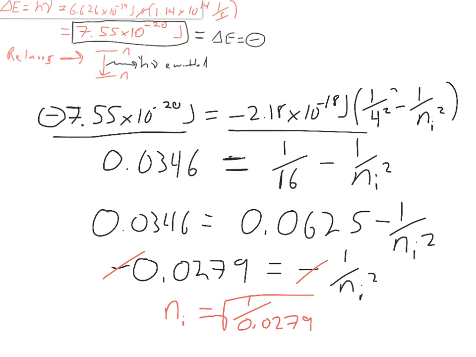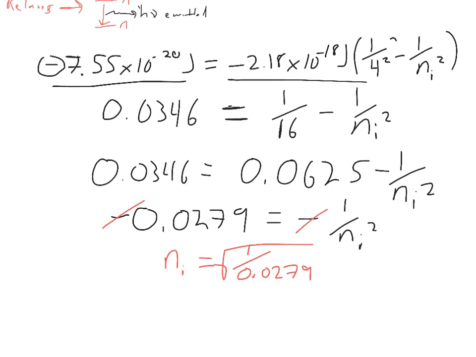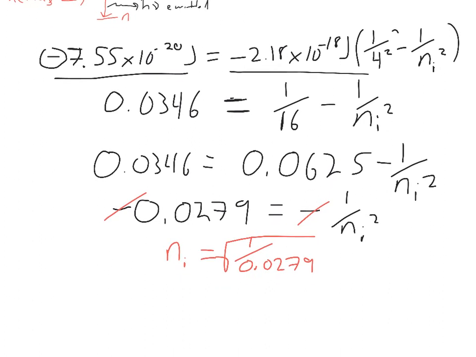If I do that math correctly, the initial quantum state is going to be equal to 6. It makes sense. It's a higher number. As the electron relaxed and emitted light, it went from a higher quantum state 6 to a lower one of 4.